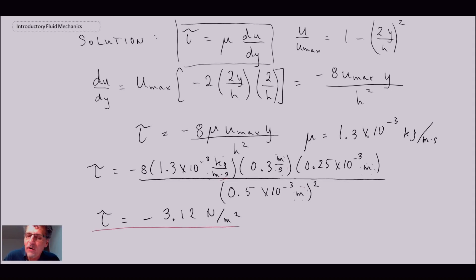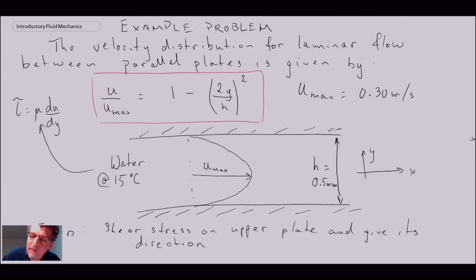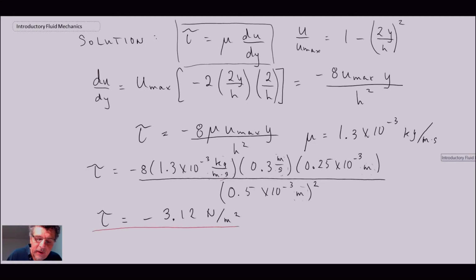Now, if you recall with the question, let's take a look back. They were asking for the shear stress on the upper plate and give its direction. So when we went through this analysis and we determined this as being the shear stress, is that shear stress on the upper plate or is that shear stress in the fluid?